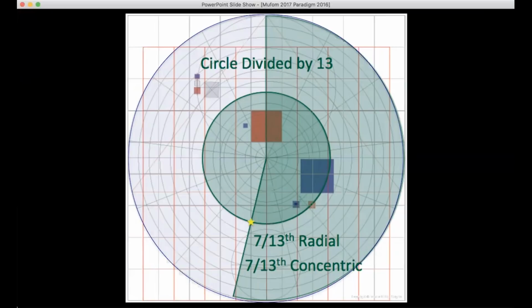And at 7/13 of that circle, we're going to put an angle. We're going to use this angle for the causeway that originates at the beginning, where I said that center point would be on our plan. So this 7/13 represents the causeway to the Great Sphinx.